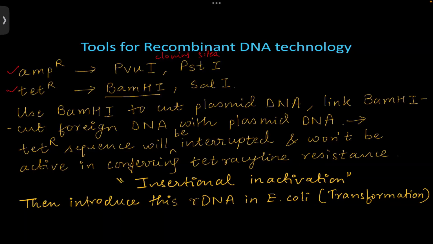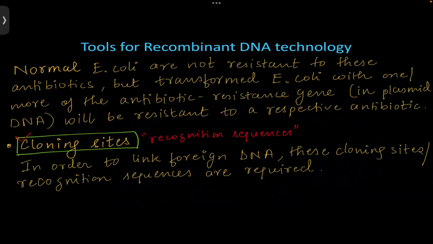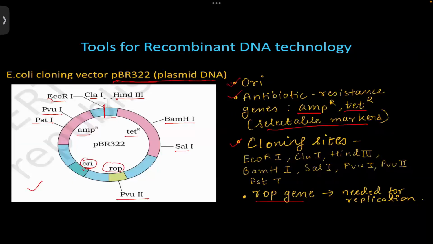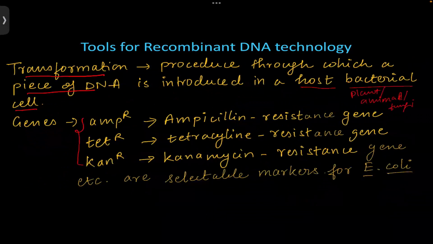Now, suppose you decide to cut your plasmid DNA with the restriction enzyme BamHI. If you do that, then here the cut will be made, right? The cut is made within the tetracycline resistance gene sequence, and your foreign piece of DNA will be ligated at this point, where initially there was the BamHI recognition sequence.